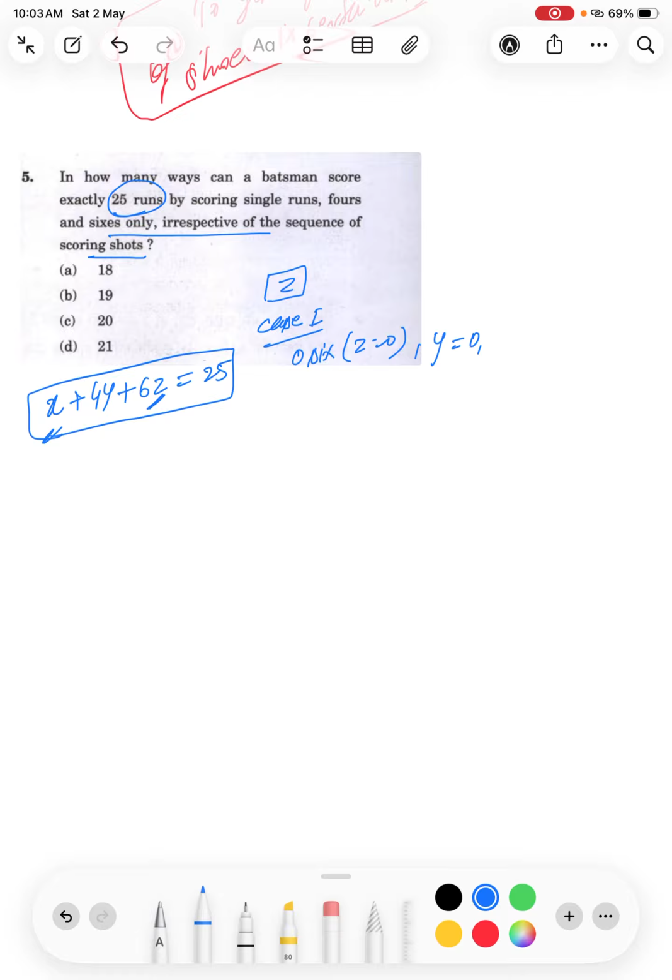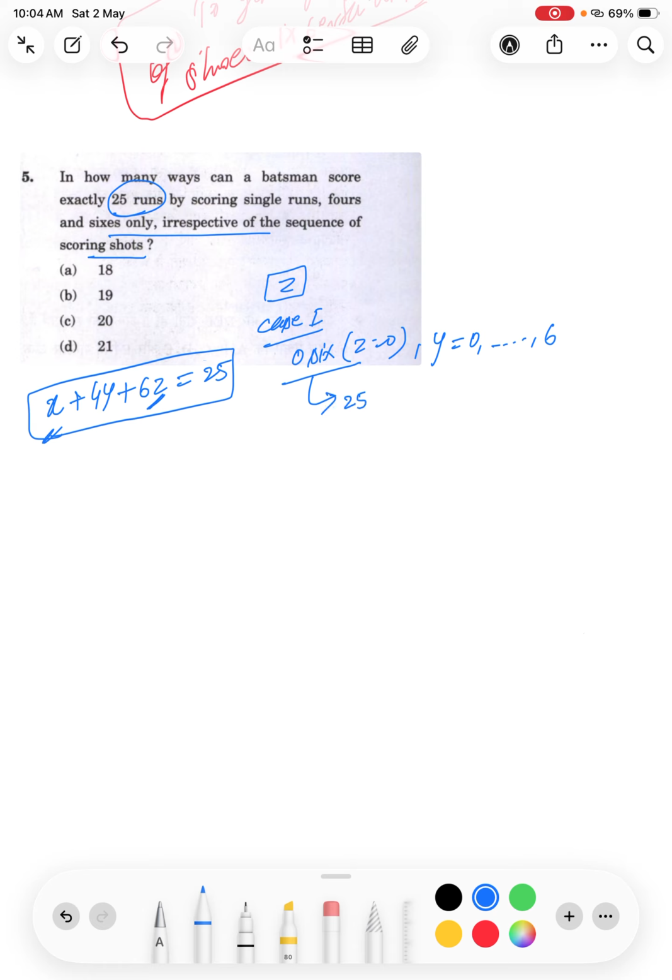Y could be 0. How many Y is possible here? Y could take values up till 6.